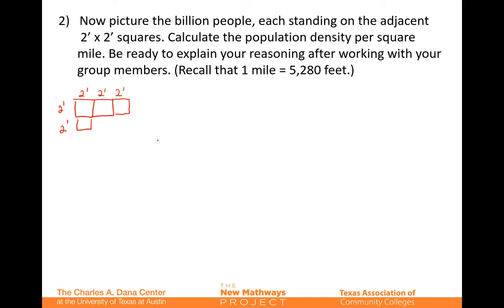It says calculate the population density per square mile. All right, recall that 1 mile is 5,280 feet. So 1 square mile, 1 mile by 1 mile, is the same as 5,280 feet by 5,280 feet.